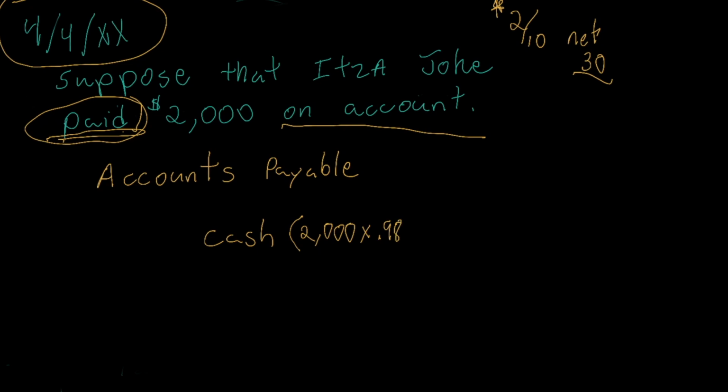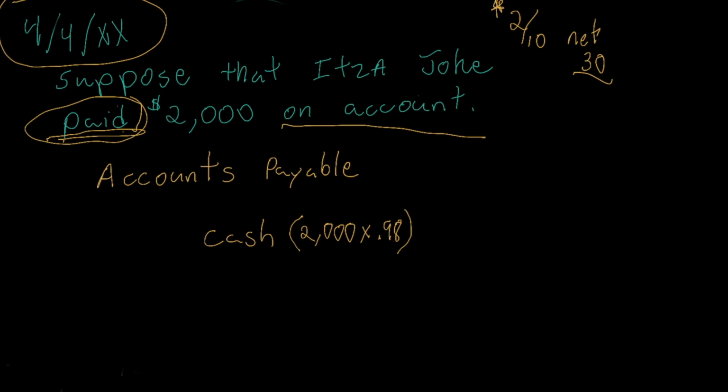Because 100% of $2,000 will actually be the full $2,000. But we're not paying 100% of the $2,000. Why? Because we are receiving a 2% discount, which in all actuality means that we're paying 98% of the $2,000. So if we multiply 98% of the $2,000, that'll give us the full amount in which we owe.